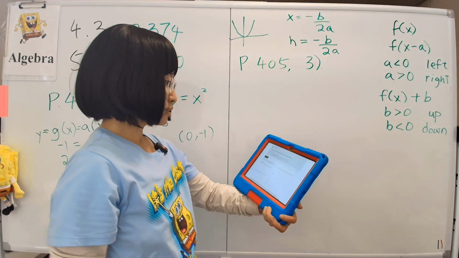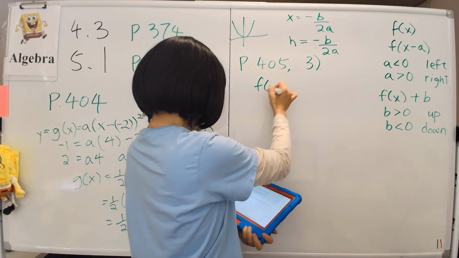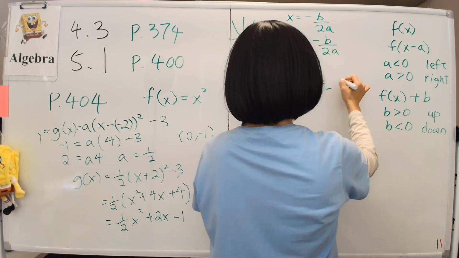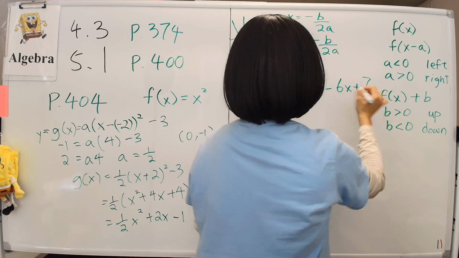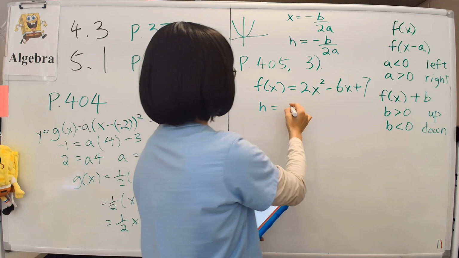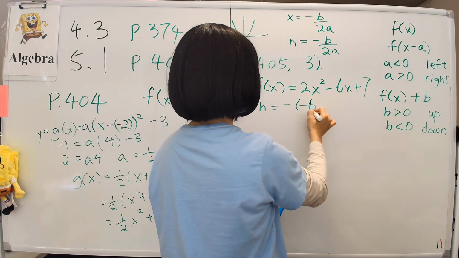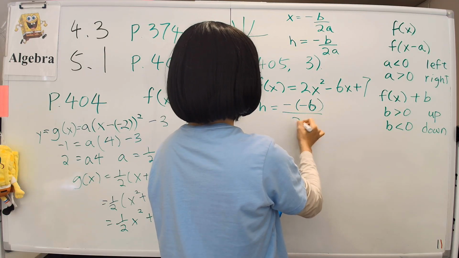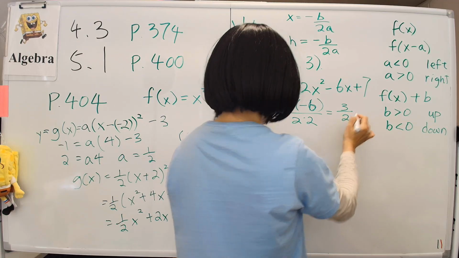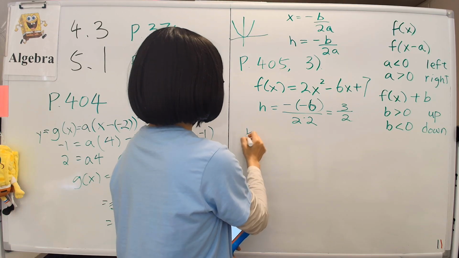In this example, f of x equals 2x squared minus 6x plus 7, and then h equals minus b over 2a. We'll calculate that: minus b, which is 6, over 2 times 2, so that equals 3/2. So h equals 3/2, and next we'll calculate k.